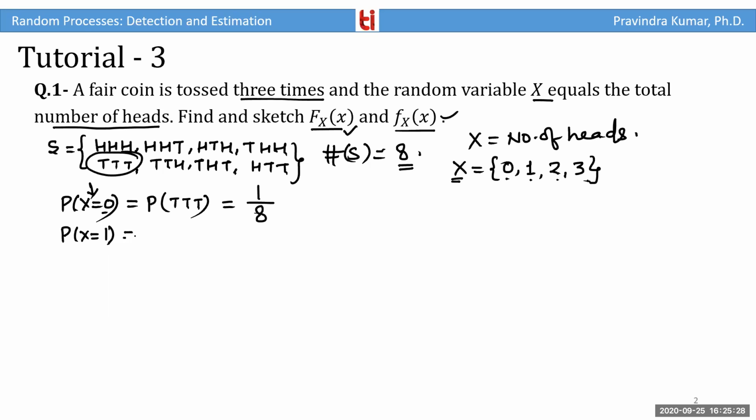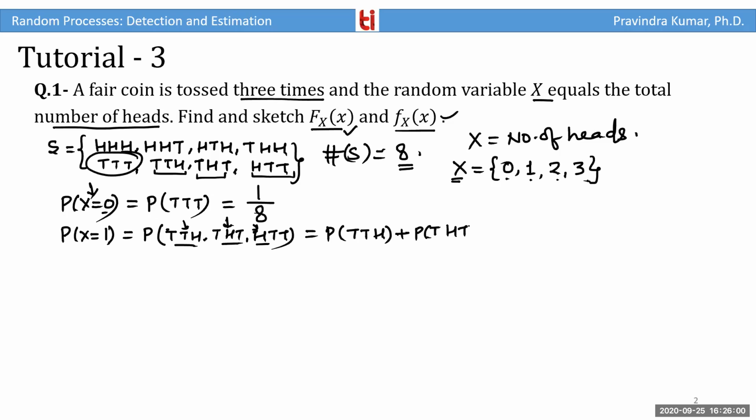And the probability of getting one head in three tosses: here, among these three outcomes there is only one head. So the probability of getting this or this or this, because they are mutually exclusive, I can write as probability HTT plus probability THT plus probability TTH.